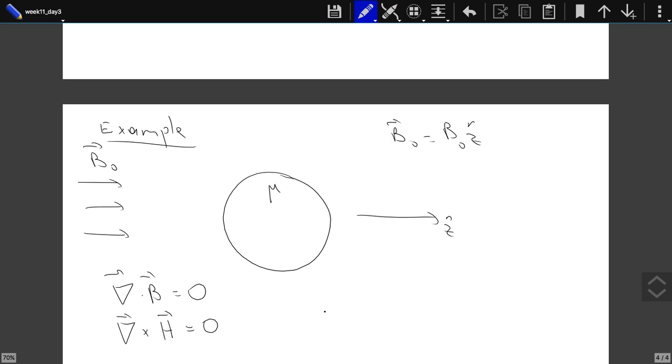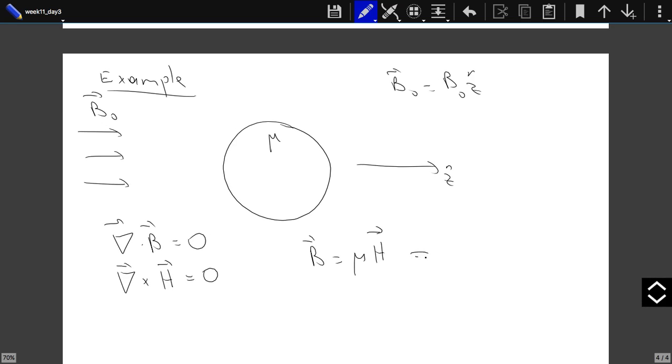And we also know that B is equal to mu times H, both inside and outside, or if you want, H is equal to 1 over mu times B. So curl of 1 over mu times B is equal to 0.